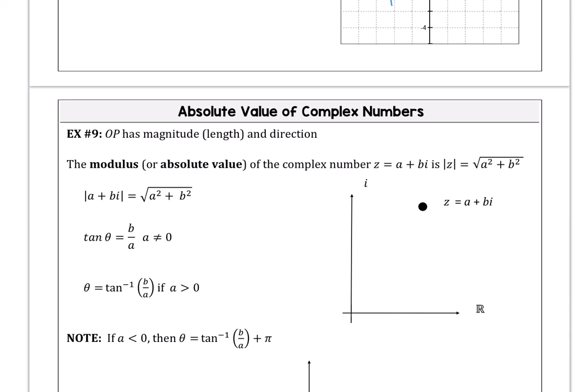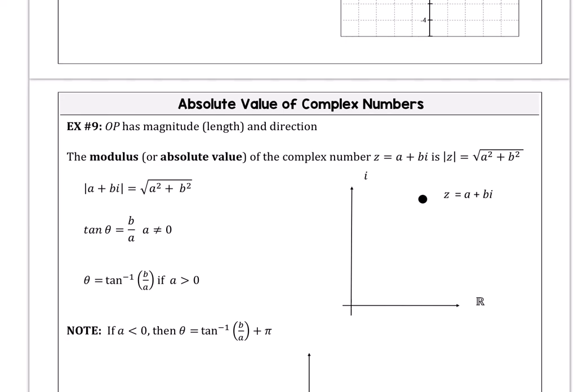Example 9, we have absolute value of complex numbers. So again, these are ideas that could be used in a BC calculus course. We want to graph the terminal side of our ray here.